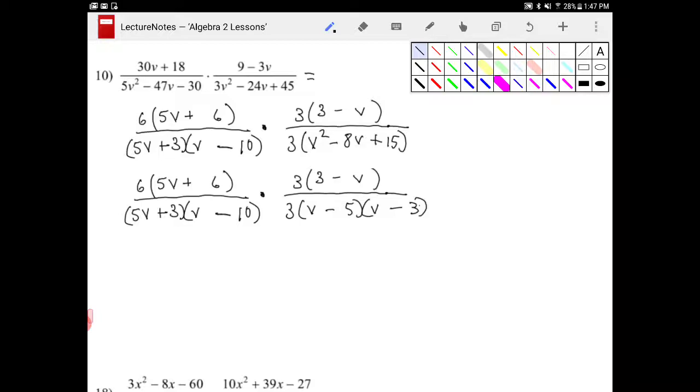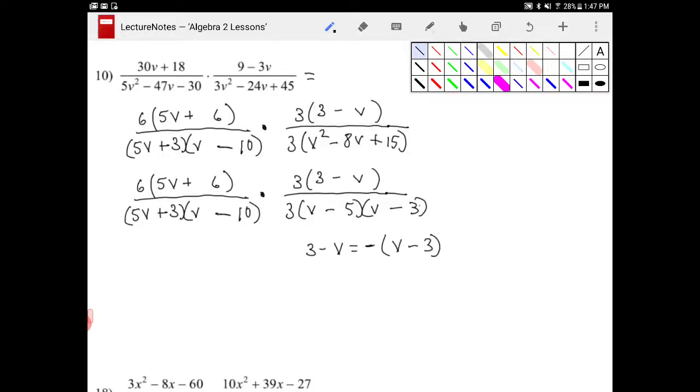So what do I mean by this? 3 minus v is the same thing as, if I flip the order of subtraction, are these two things the same? No. I have to place a negative sign out in front. So in other words, 3 minus v becomes negative of v minus 3.